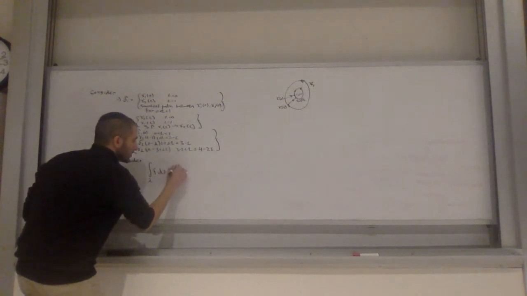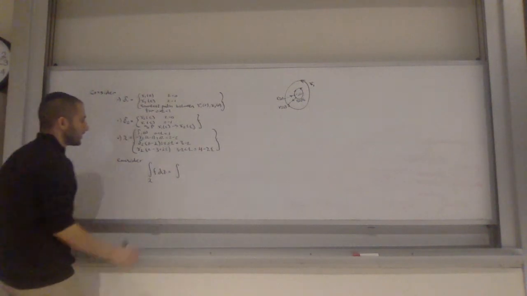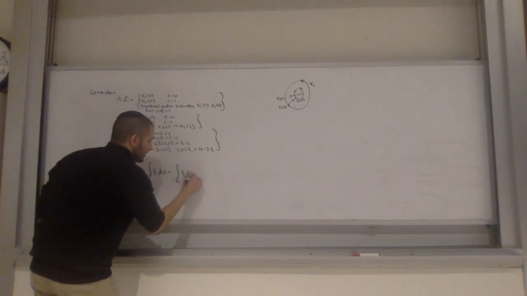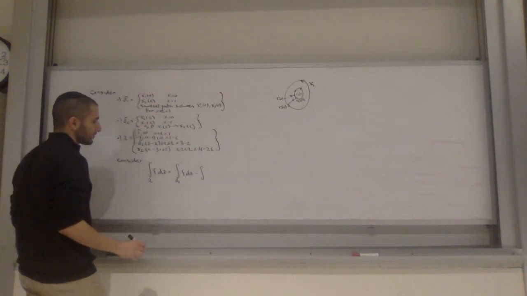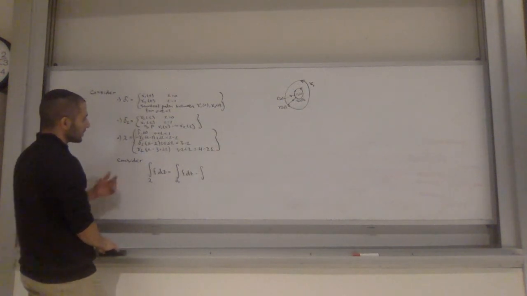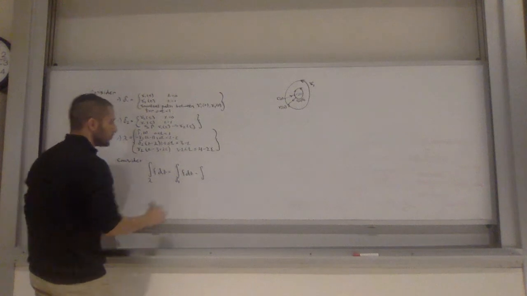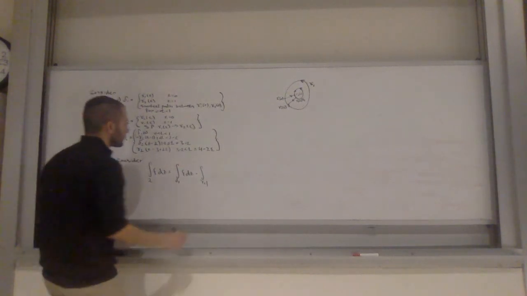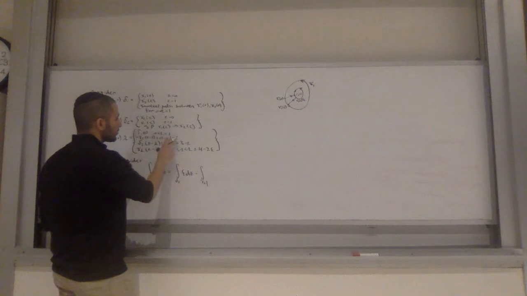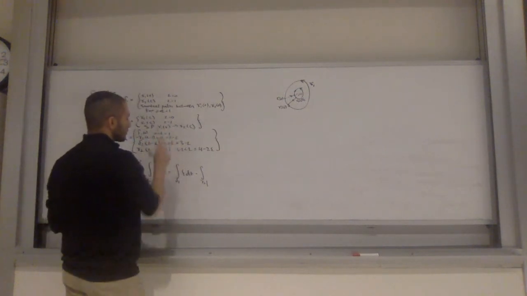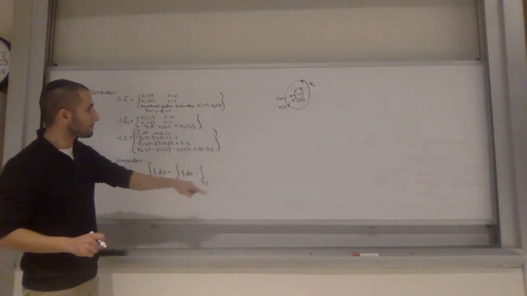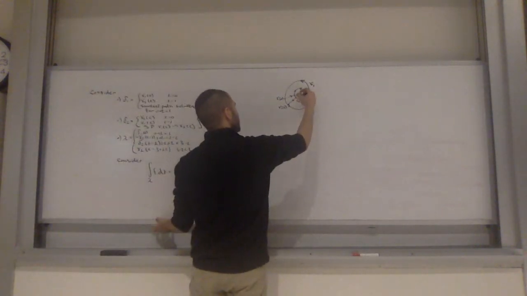This is the integral along delta 1 of f dz plus, or really minus, the integral of gamma 2, but over here it's not gamma 2, it's only gamma 2 from really 0 to minus epsilon.